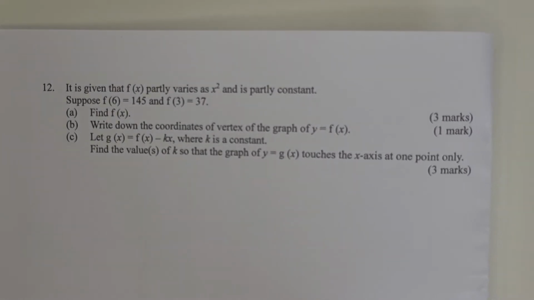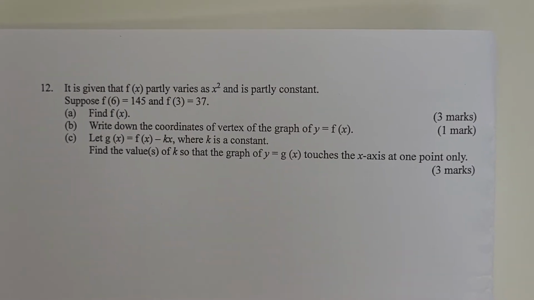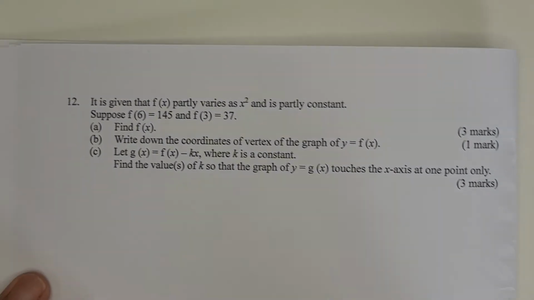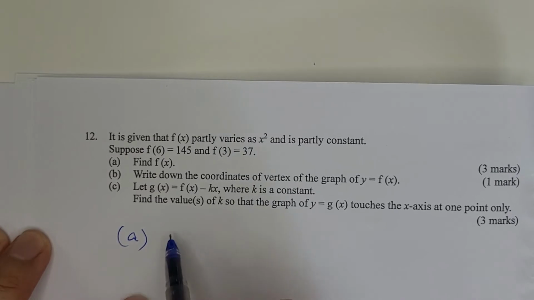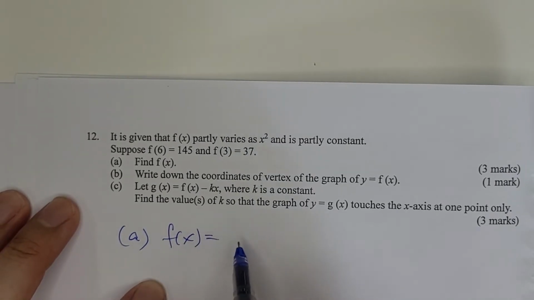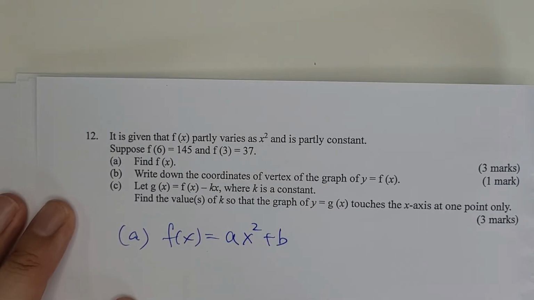And then go to question number 12. It is given that f(x) is partly varying as x squared and part B constant. So we can write in this way. f(x) is written as a constant a times x squared plus another constant b.